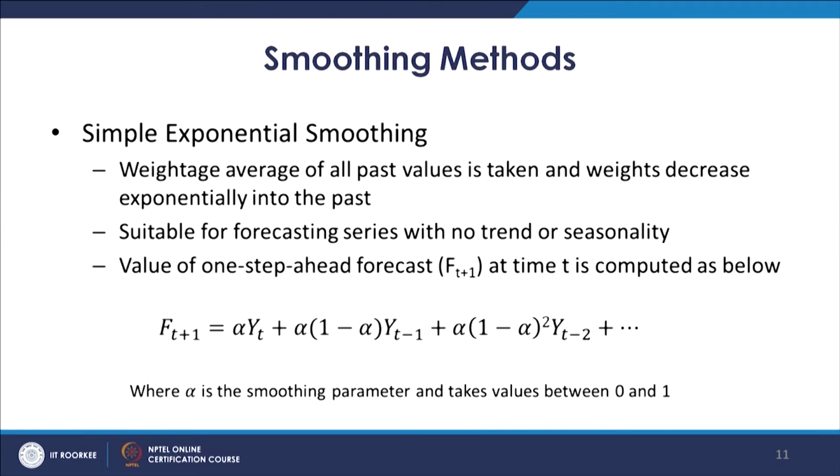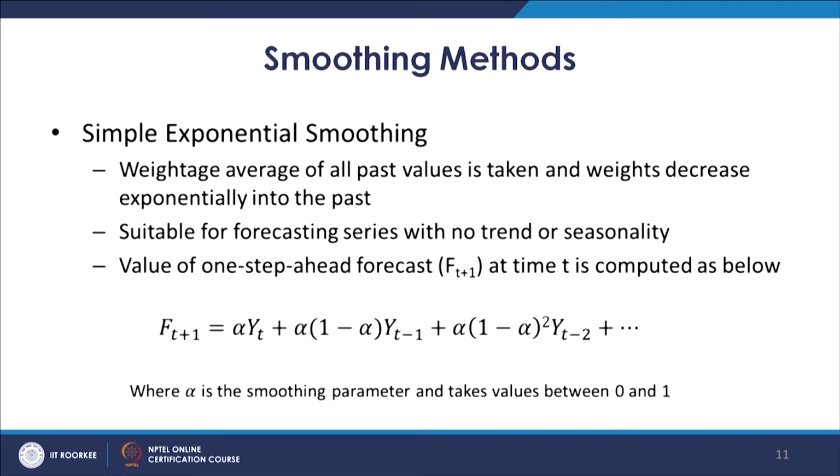So the exponential smoothing methods typically implement weighted average formulas. You can see here, the weighted average of all past values is taken and weights decrease exponentially into the past.